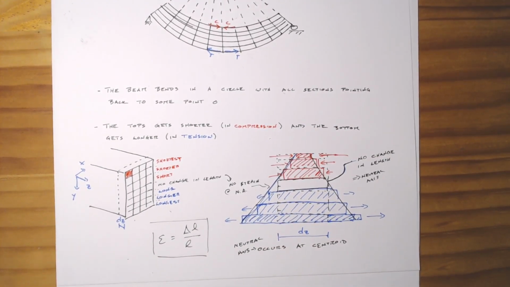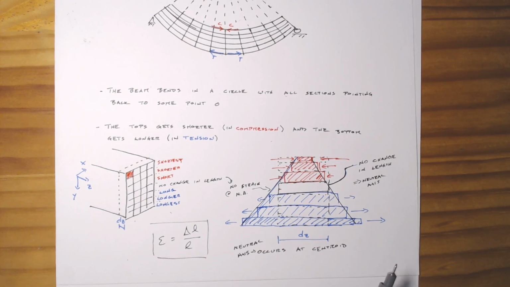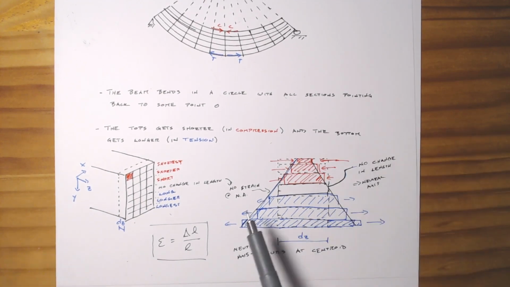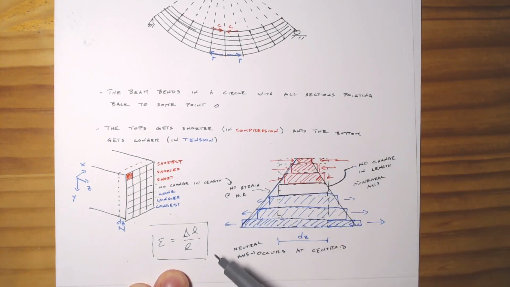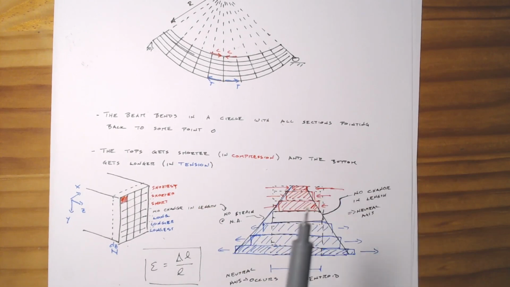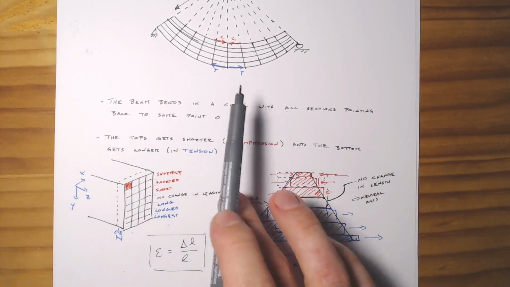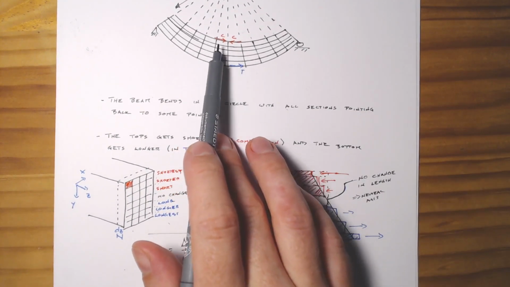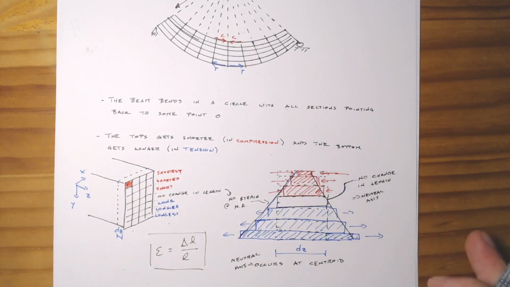So now we understand that parts of the section will get longer, parts will get shorter, and this relationship is going to be linear across the cross section, right? Because if these plane sections are remaining plane and just changing angle, the distance will change at a constant rate as you move away.